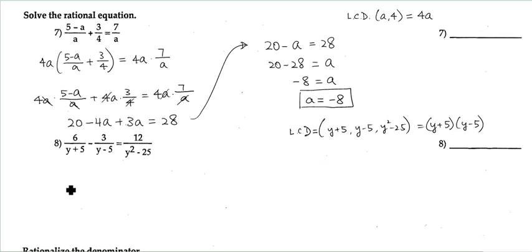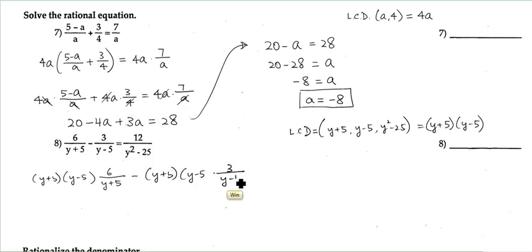So we have y plus 5 times y minus 5 times the first term, minus y plus 5 times y minus 5 times 3 over y minus 5, equals y plus 5 times y minus 5 times 12 over y squared minus 25.